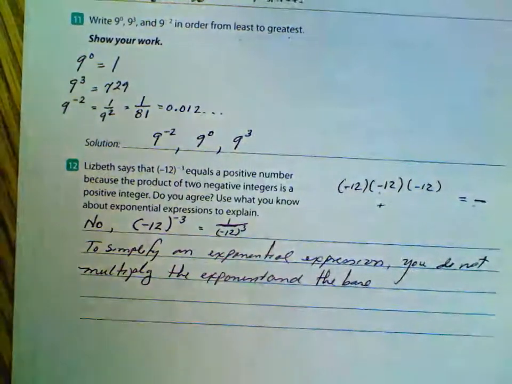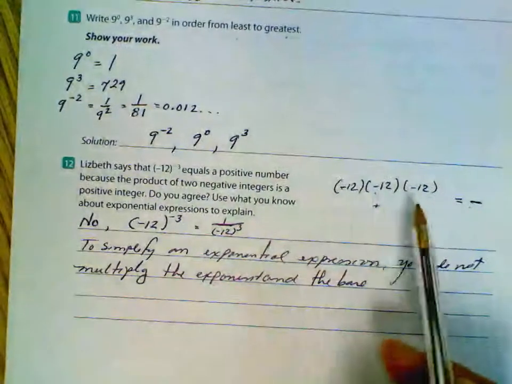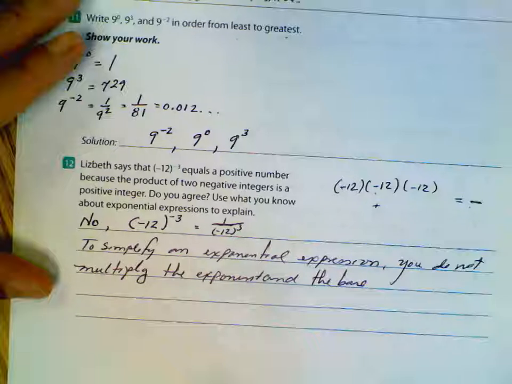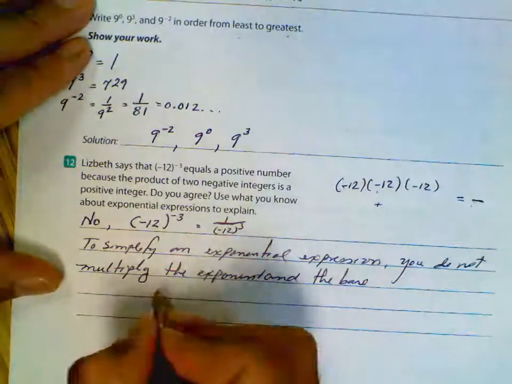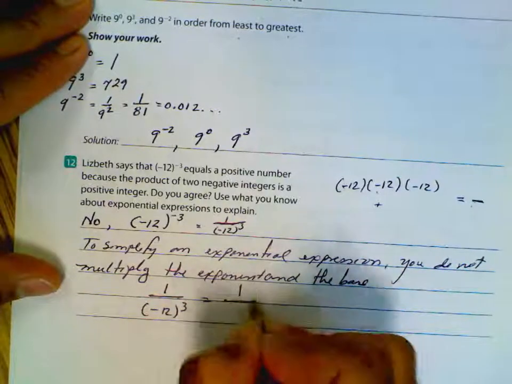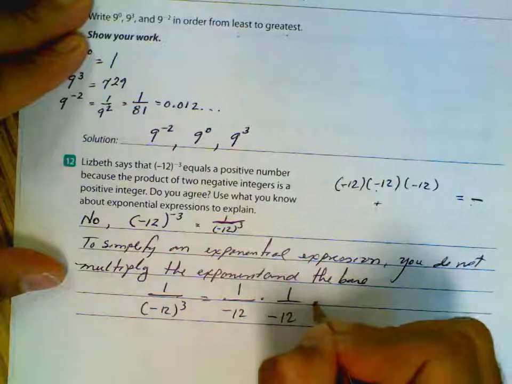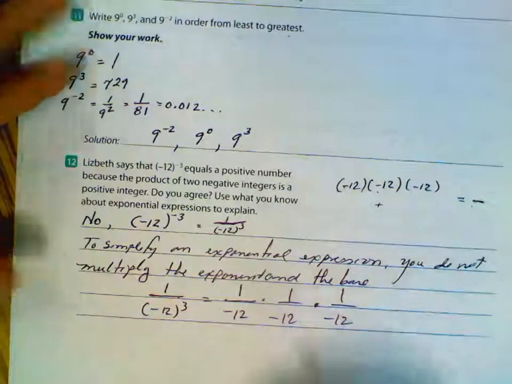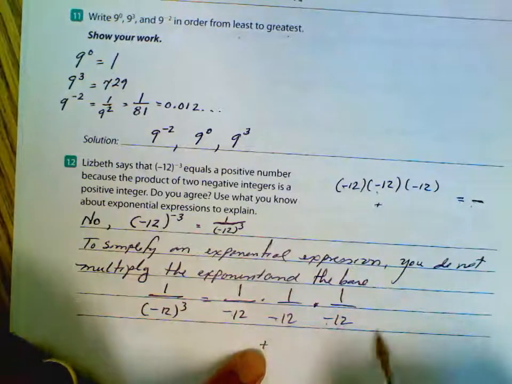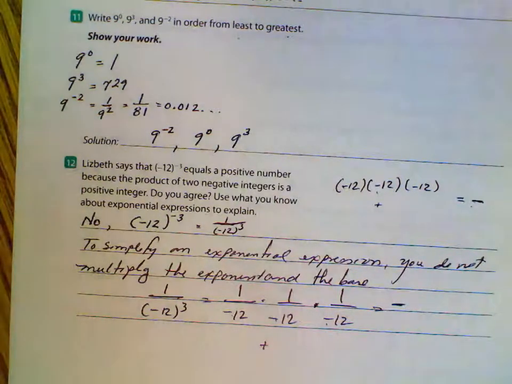Okay? You do not multiply the exponent and the base. So for example, what we just wrote over here: I have 1 over negative 12 to the third power, which equals 1 over negative 12 times 1 over negative 12 times 1 over negative 12. Negative times negative is positive, times negative is negative, which is a negative number. Okay, it's a negative number, so it's not true for number 12.